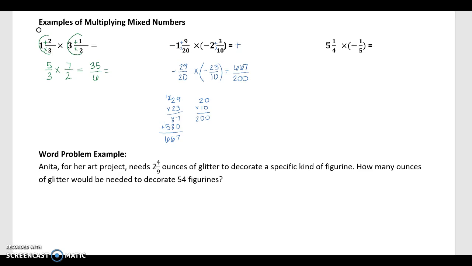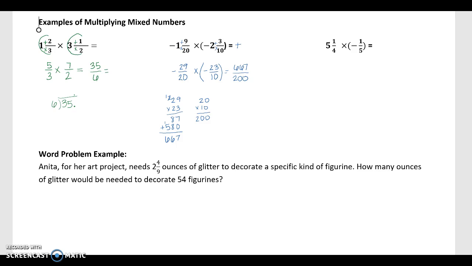So if you just went ahead and multiplied out, the first one we should have gotten 35 over 6, but that's an improper fraction. To change an improper fraction back to a mixed number, you're going to just follow your sign, right? It's a division sign, so we're going to divide 35 divided by 6. You always stop at your decimal to change it back into a fraction.